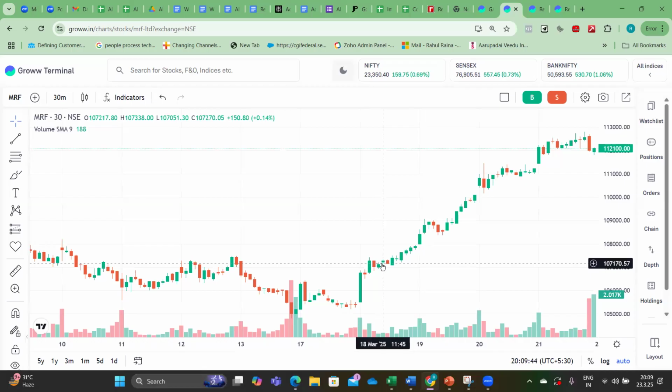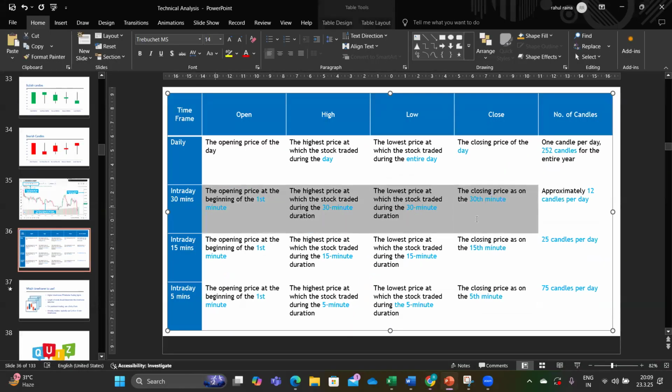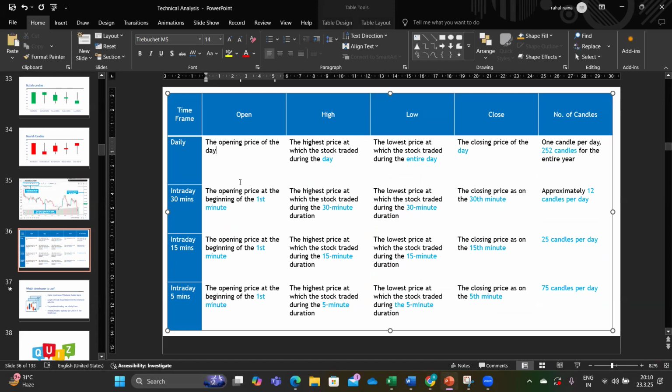So what happened in the past 30 minutes? 18th March 12:45, right? It tells you what happened in the last 30 minutes. This will not change. The only thing that will change is, instead of giving you the open price for the day, it will tell you the open price for the last 30 minutes or the last 15 minutes, whatever you are choosing.